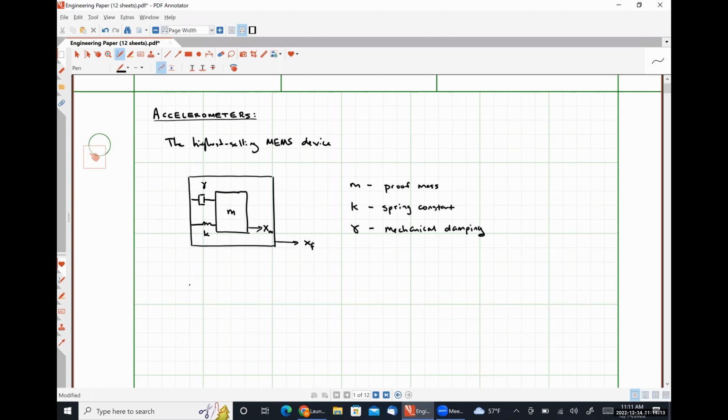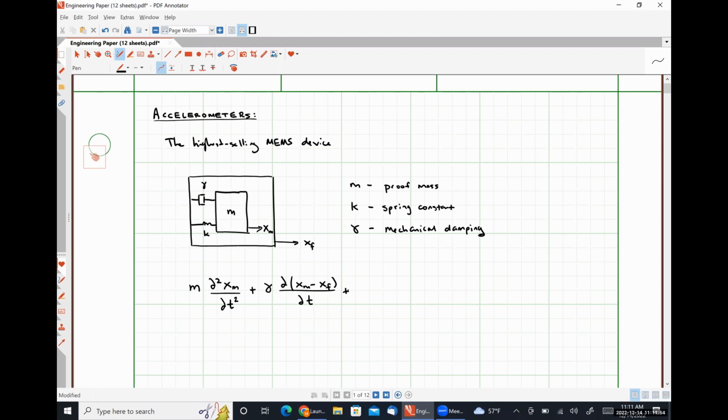So let's say that our equation here is mass multiplied by the second derivative of the mass displacement with respect to time, otherwise known as the acceleration. So we have a force, plus gamma times the derivative of the difference in displacement between our proof mass and our frame with respect to time.